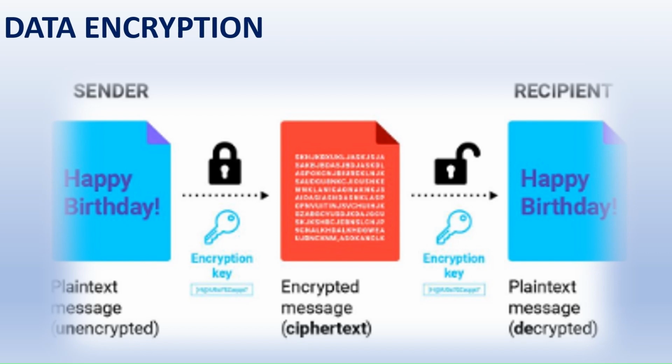SSL or TLS encrypts data during transmission between the client and server, thwarting attempts by malicious third parties to eavesdrop or tamper with the information. SSL or TLS employs both symmetric and asymmetric encryption methods to protect the confidentiality and integrity of data in transit.